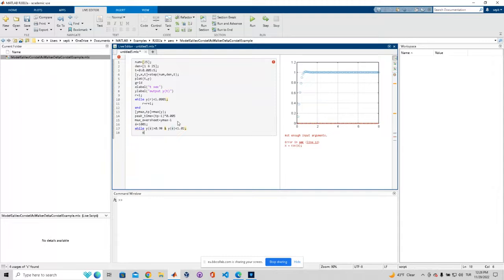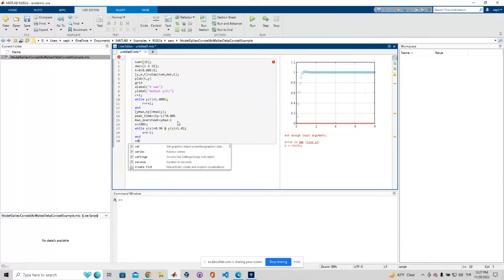Now it's minus 1. So here we're going to define the S value between 0.98 and 1.2 for finding our settling time. Settling time, we talked about settling time previous week.